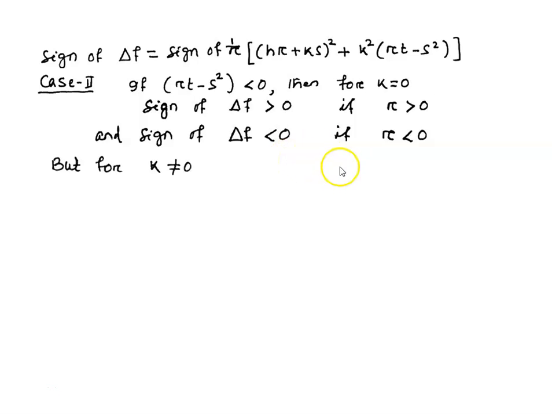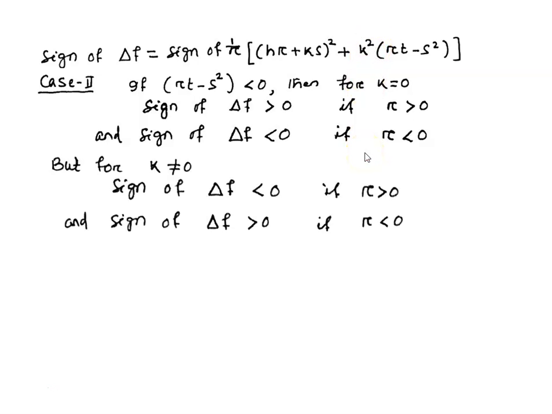But if k is not equal to 0, what happens? If k is not equal to 0, then this second term is negative, because here we have k square, which is a positive term, and rt minus s square is negative, because this second case is for rt minus s square negative. So this second term is negative. And here we have hr plus ks whole square.